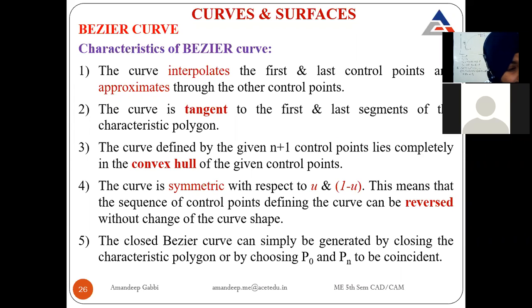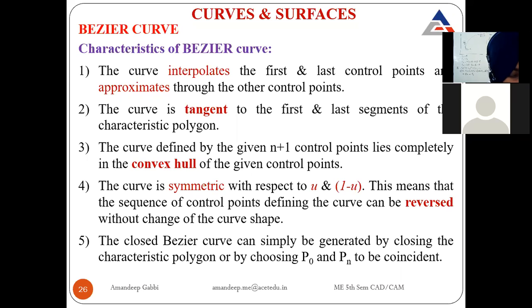I have already explained in the very first and second slide of this chapter what is interpolation and what is approximation. Interpolation is when the points lie on the curve and approximation is when the points lie outside the curve.